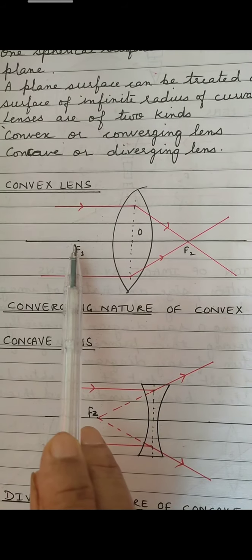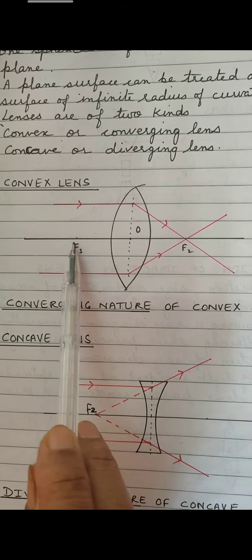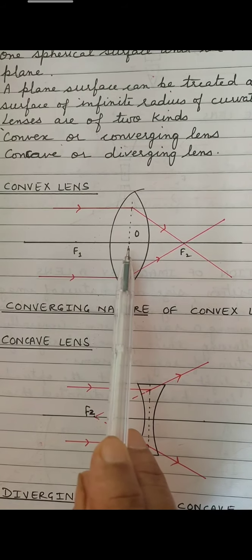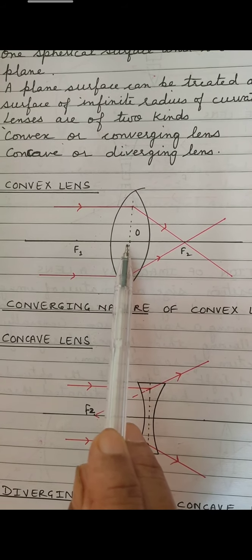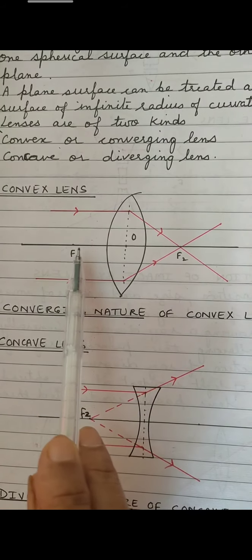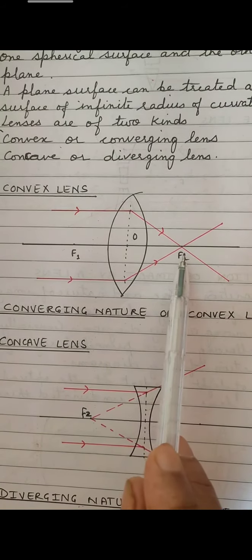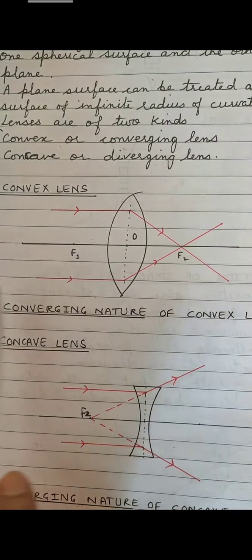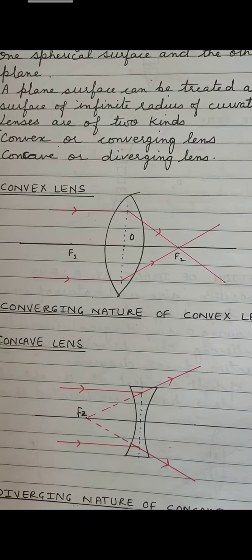At 2 cm distance from O, put a mark F1, and 2 cm from O on the other side you put F2. That means F1 and F2 are the two focal points of the convex lens.